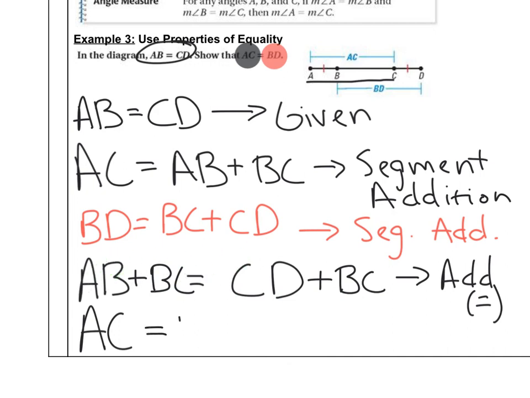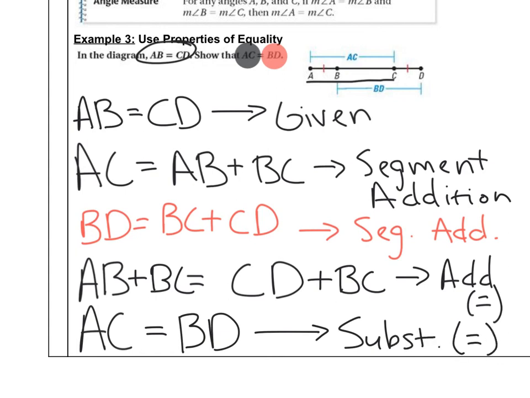So because we've said that, and I know I'm telling you right now it's probably going to create a lot of confusion, this is what's known as the substitution property of equality, which just means that if I have something equal to something else, I can substitute it back and forth as long as the statements are true. And there we go. We wanted to prove that AC is equal to BD, and we just did that.